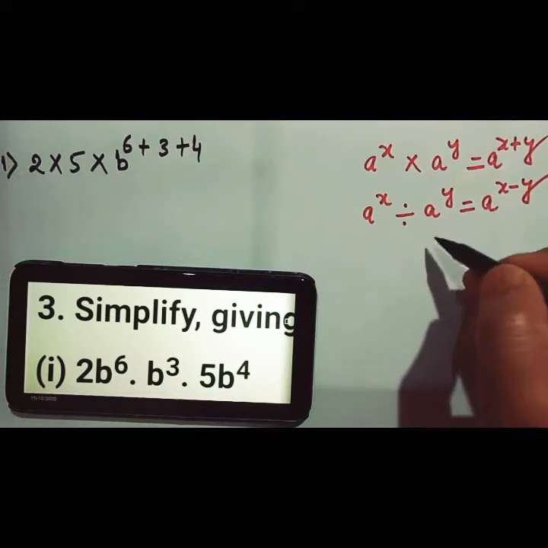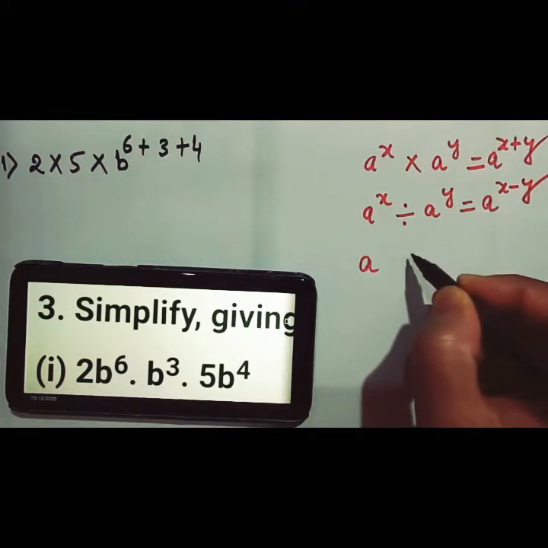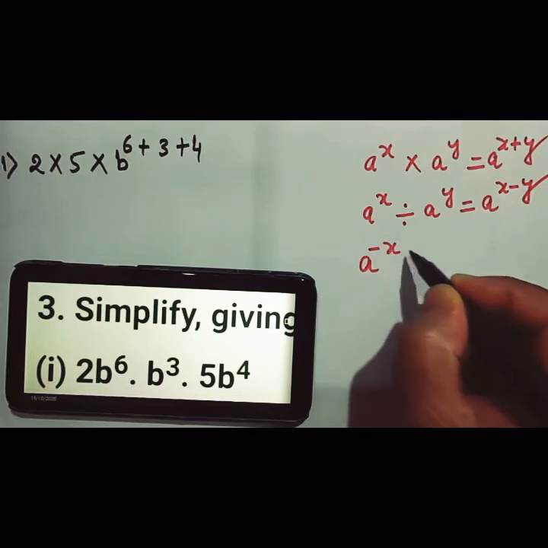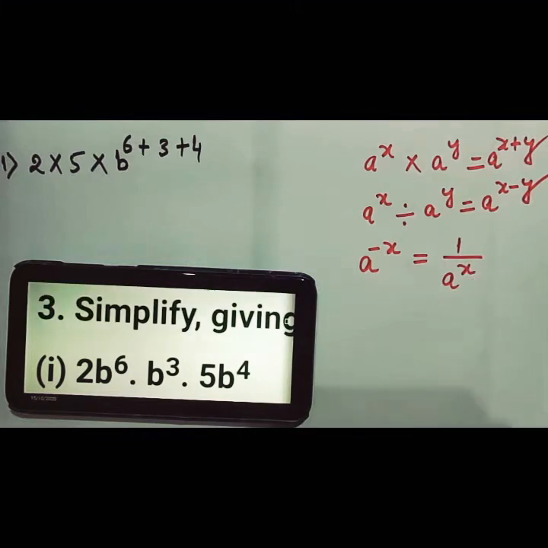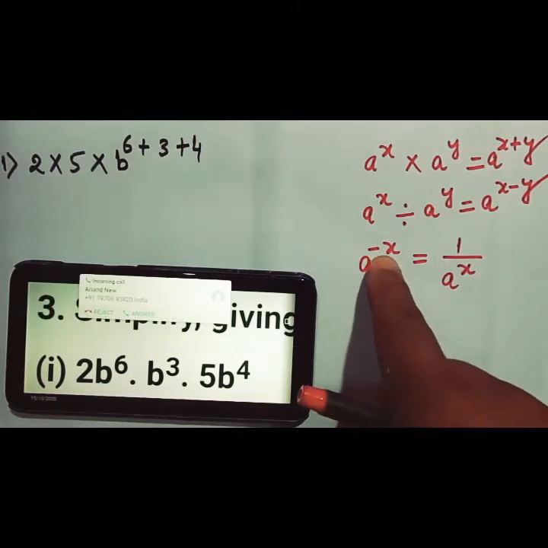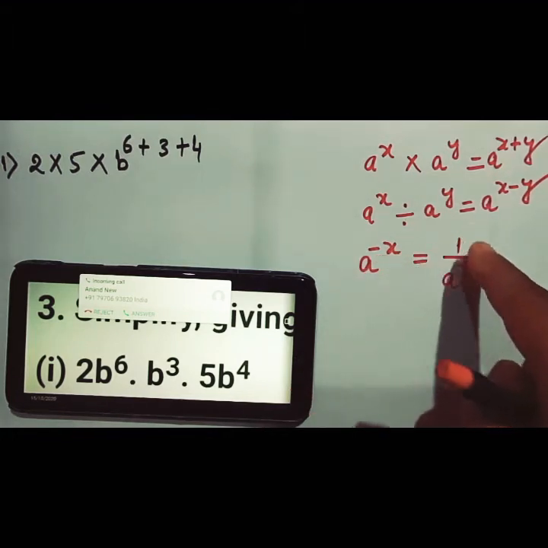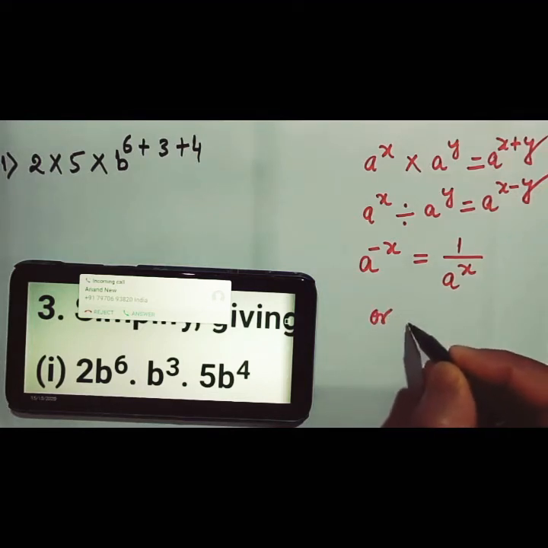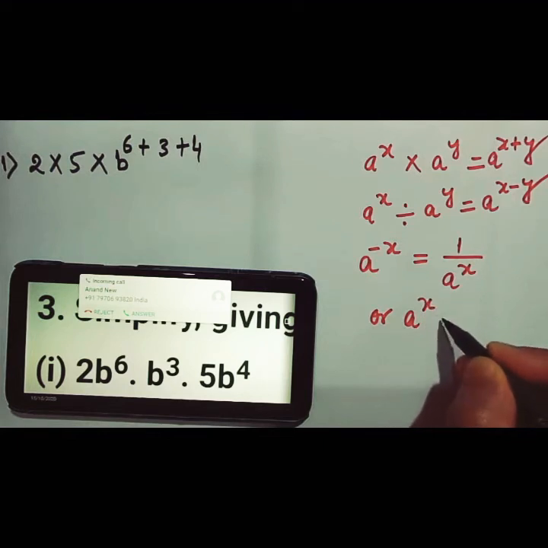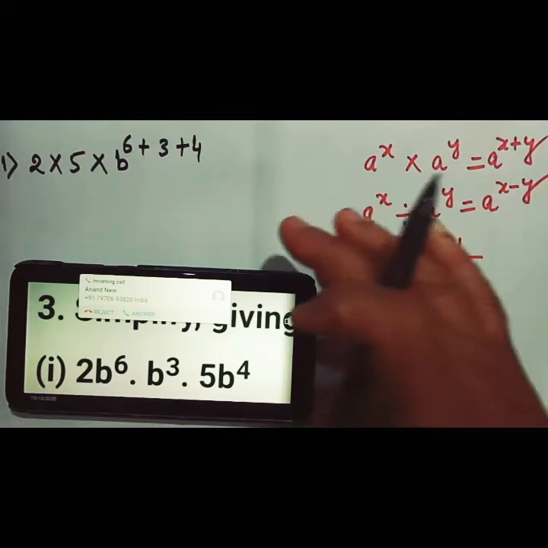One more important formula is a to the power minus x is equal to 1 by a to the power x. This means if you have a negative exponent, you can make it positive by changing it into its reciprocal, and a to the power x can be written as 1 by a to the power minus x. So the opposite can also be done.